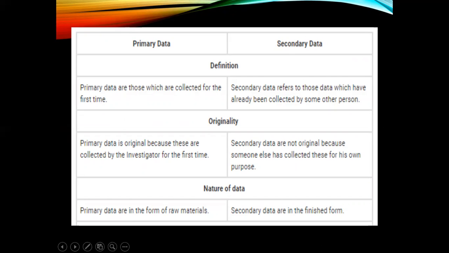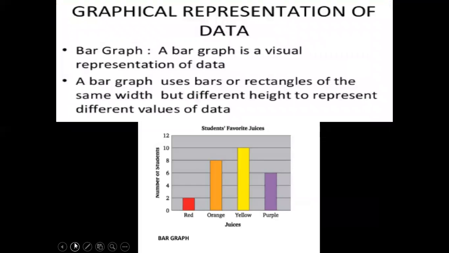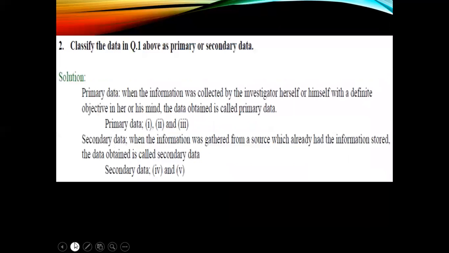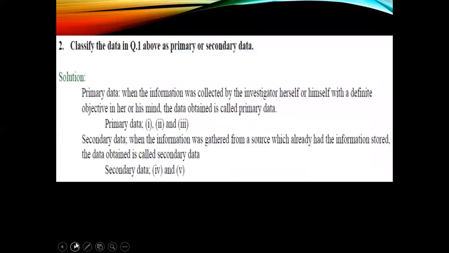Primary data will be original, whereas secondary data will not be original because it was already collected by someone else for his own purpose. Now, if you have understood this and you have recalled well enough the difference between primary and secondary data, then let us try to classify the 5 examples that were stated in question number 1 as primary or secondary data.